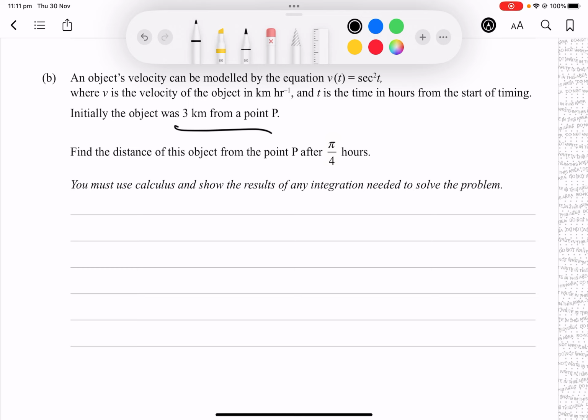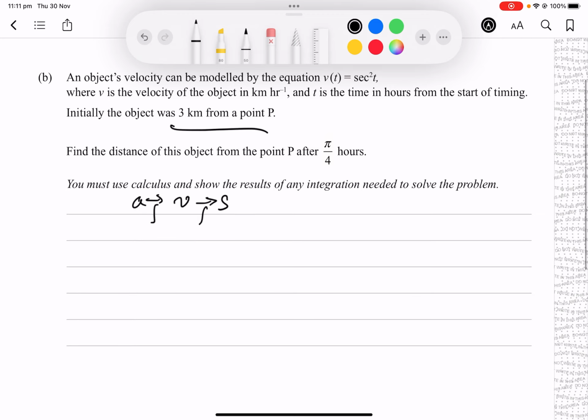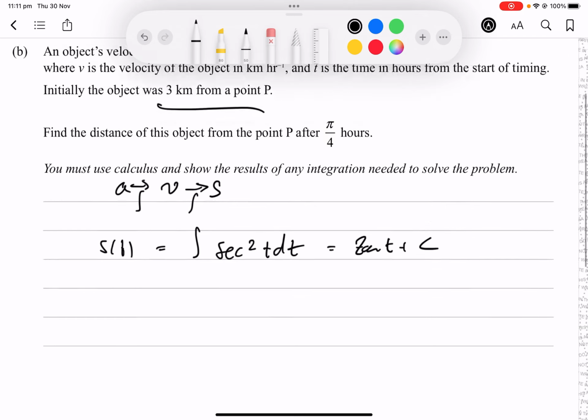So this is another very standard kinematics question. So remember we have a, v, and s. And to go from a to v, we need to integrate, and from v to s, we need to integrate as well. So simply we have s of t is equal to the integral of secant squared of t with respect to t. That is going to be equal to tangent of t plus c.